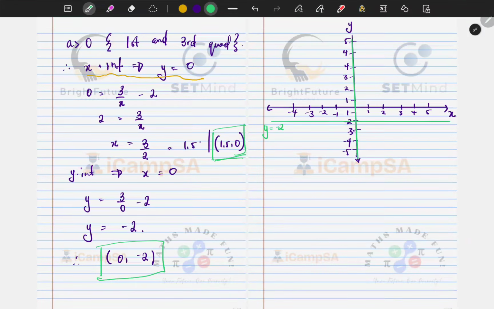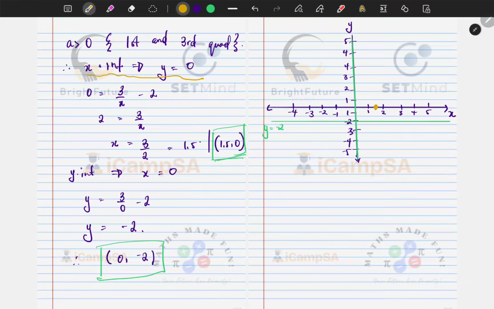And then what are our intercepts? When x is 0, our graph will pass at -2. And then also when y is 0, x is 1.5, so our 1.5 will probably be here, right?